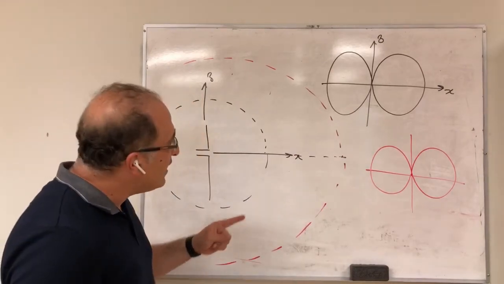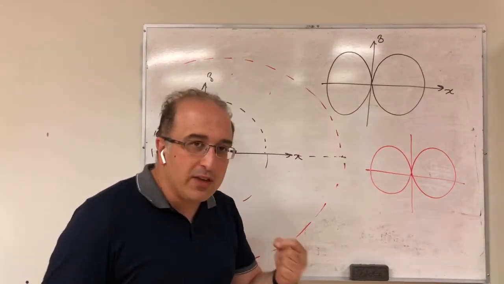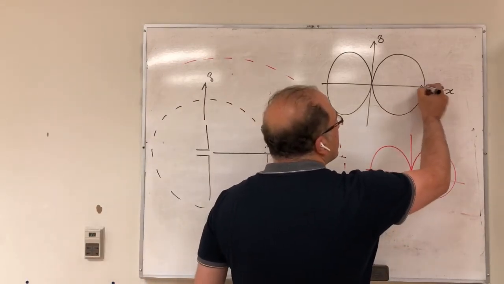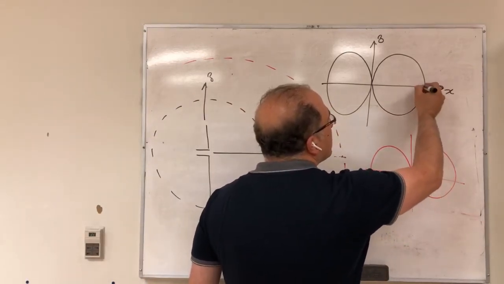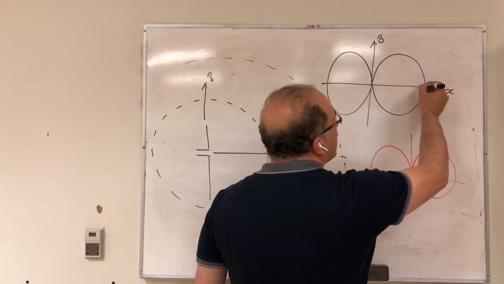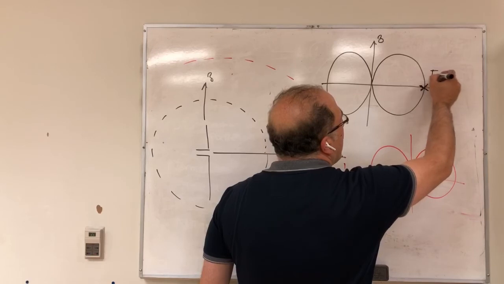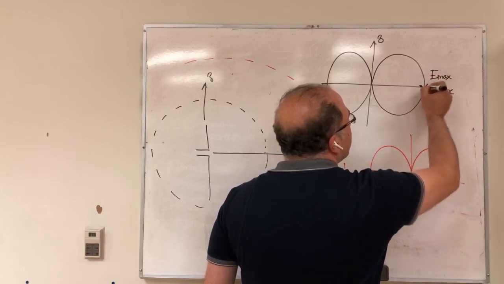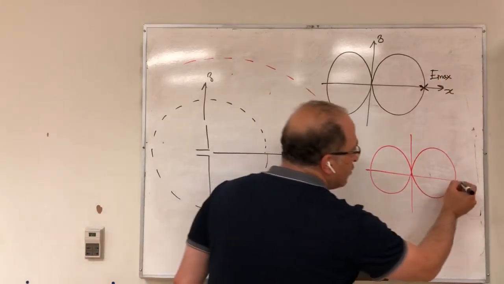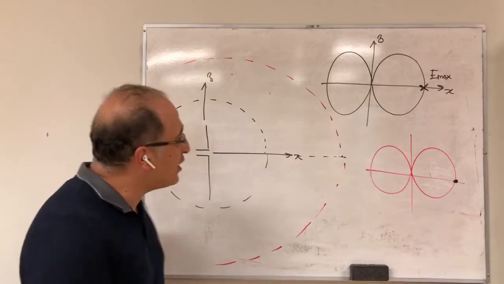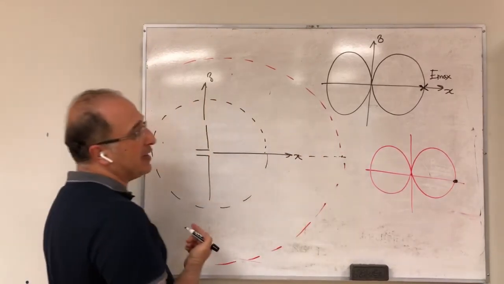But remember, in terms of the value that I'm getting, let me make an example. If the value that you're recording here is, let's say, Emax at this point, when you are measuring here, of course you're going to receive less because you are farther from the antenna.